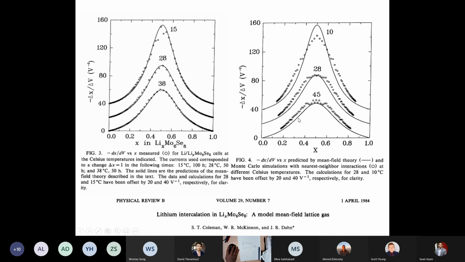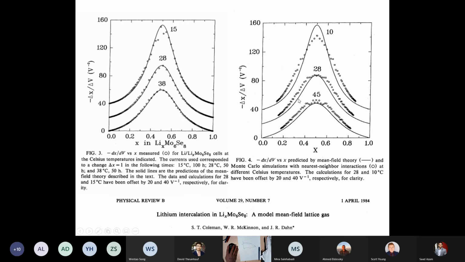Over on the right-hand side, the solid curves here are the predictions of the mean field theory. Okay, so this solid curve labeled 28 degrees centigrade is the same as the solid curve over here. So what are the data points?